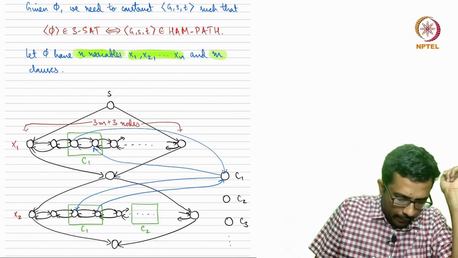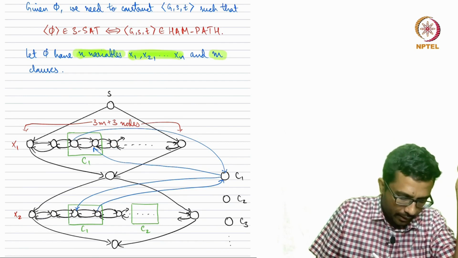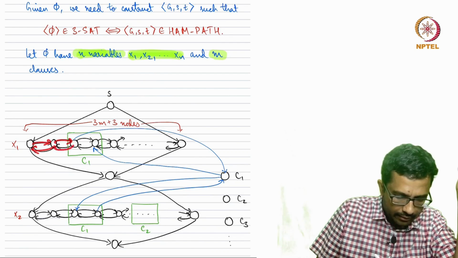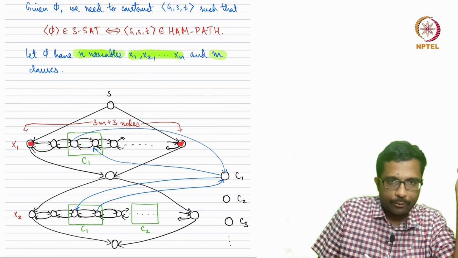And now there are these intermediate vertices, sometimes I call them nodes, where I have both direction edges, going from left to right as well as right to left. And there are 3m plus 3 vertices here, including the leftmost one and including the rightmost one.